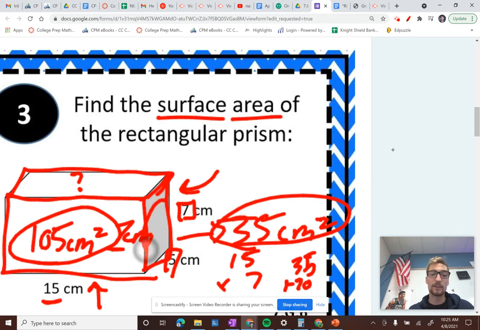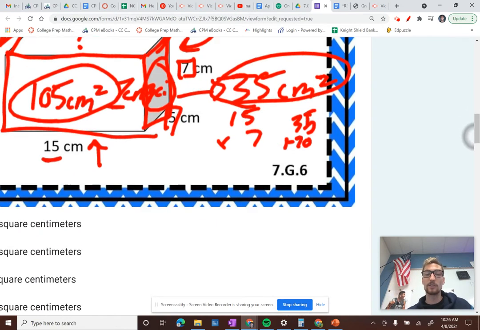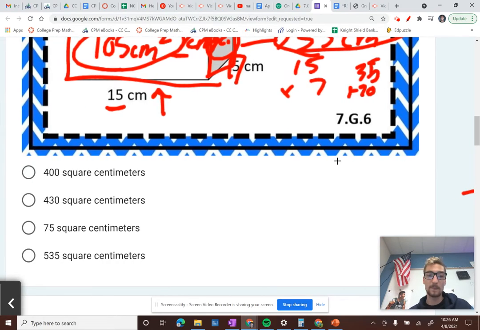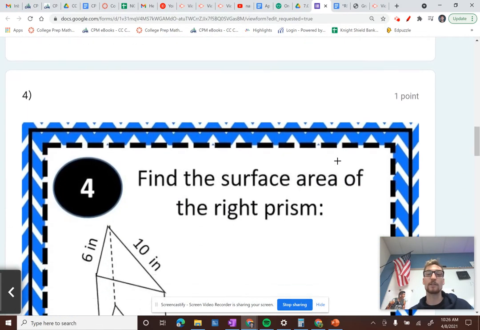And then if this is 35 centimeters here, what would the surface area be on the other side of the shape? All right, then you're going to add up all of those surface areas. Imagine if you were holding a rectangular prism, what would it give you in total if you were to add them all together? And your answers to select from are down below.